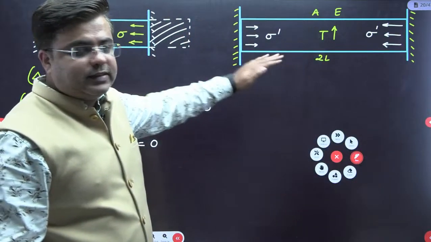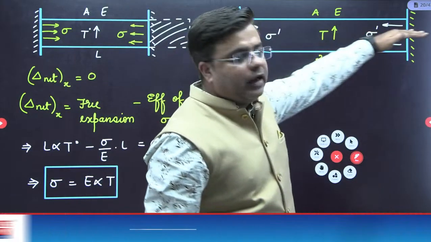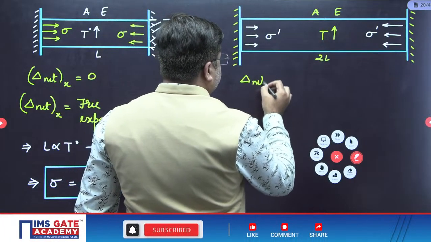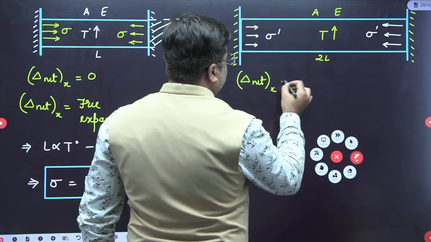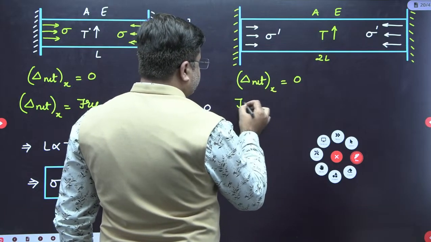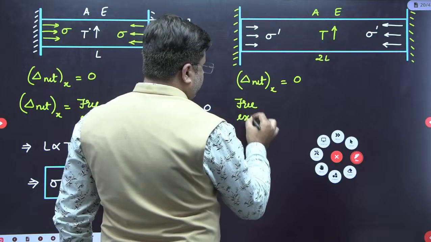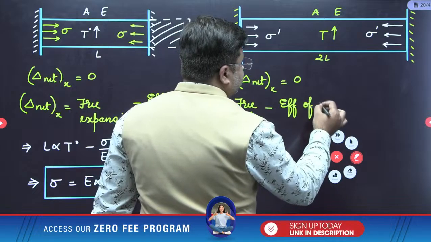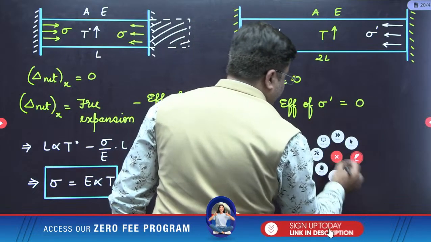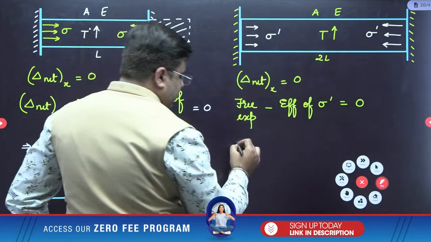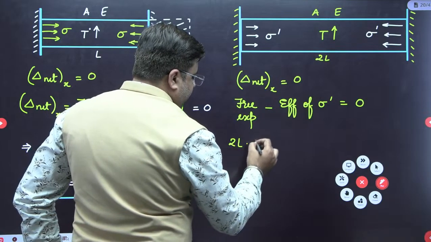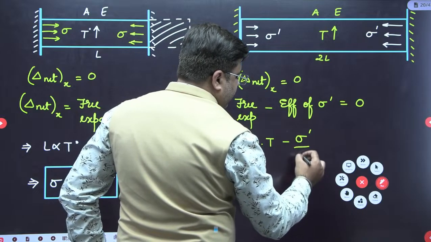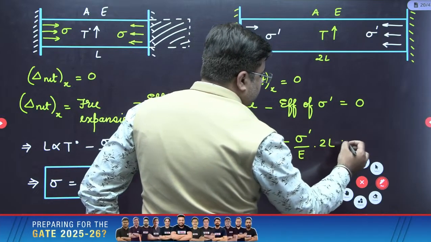So again for this scenario, I can write delta net along x is equal to 0. So delta net is free expansion minus effect of sigma dash, where sigma dash is the thermal stress produced for this length. Free expansion will be 2L into alpha into delta T, minus sigma dash upon E into 2L, equal to 0.